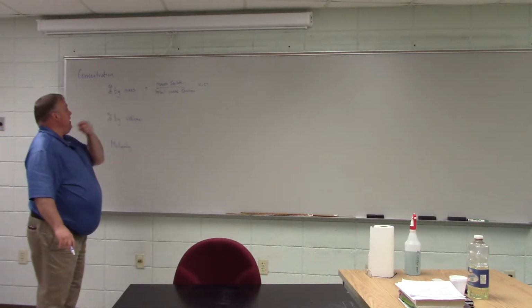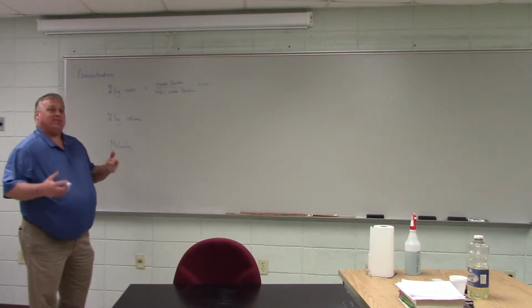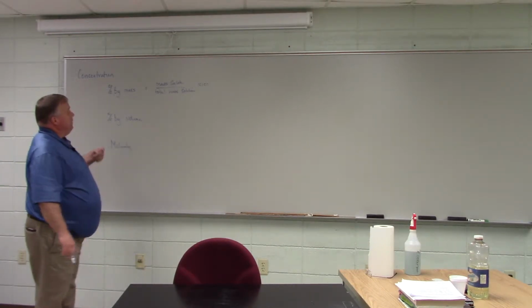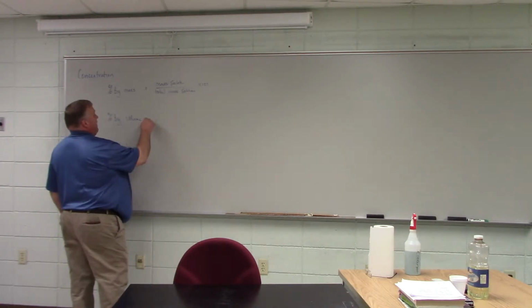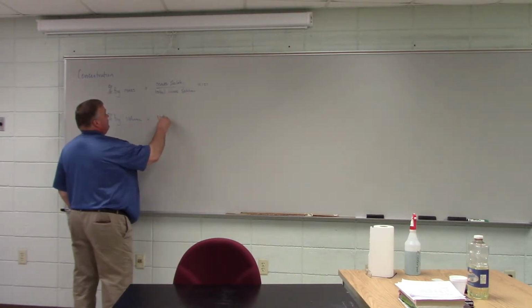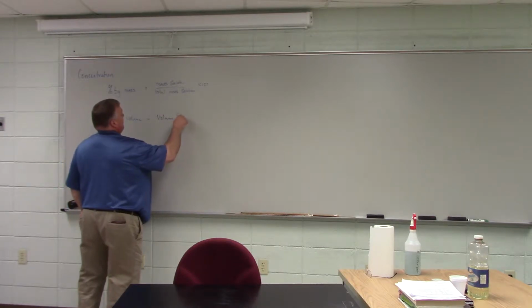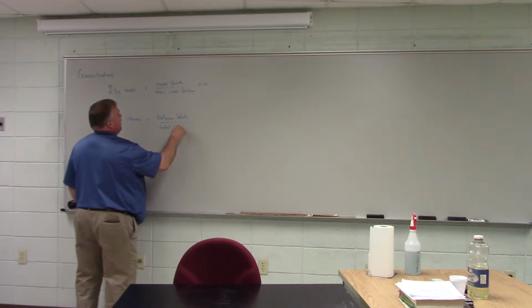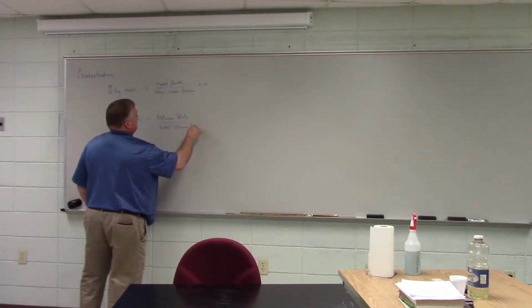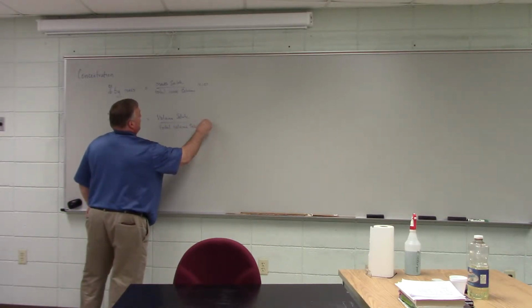The part in the case of the percent by mass is the mass of the solute, and the whole is the total mass of the solution. A percent by volume is the volume of the solute over the total volume of the solution times 100.